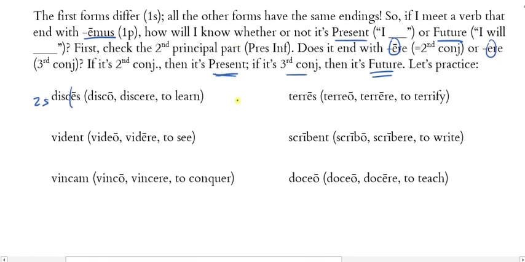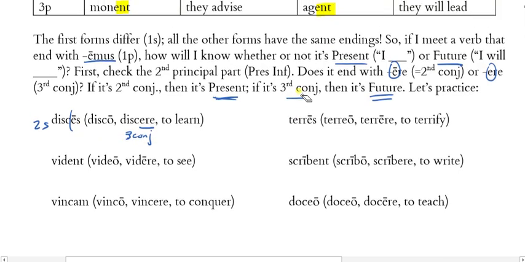So how do I figure this out? Well, here's the first principal part. Here's the second principal part. And notice that it ends with -ere, the short E, rather than -ēre. So which conjugation pattern does this follow? This follows third conjugation. All right? Now, I probably shouldn't put numbers over here because it's going to maybe confuse you on conjugation pattern. -ere is third conjugation. So if this -es ending is on a third conjugation form, then what is it?